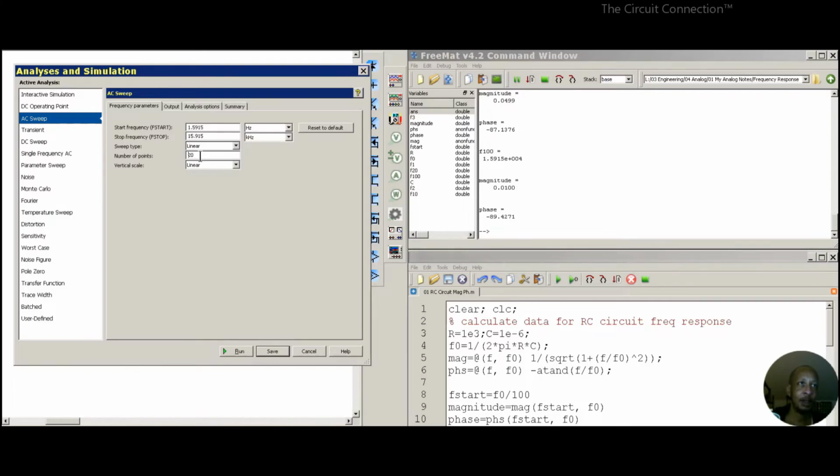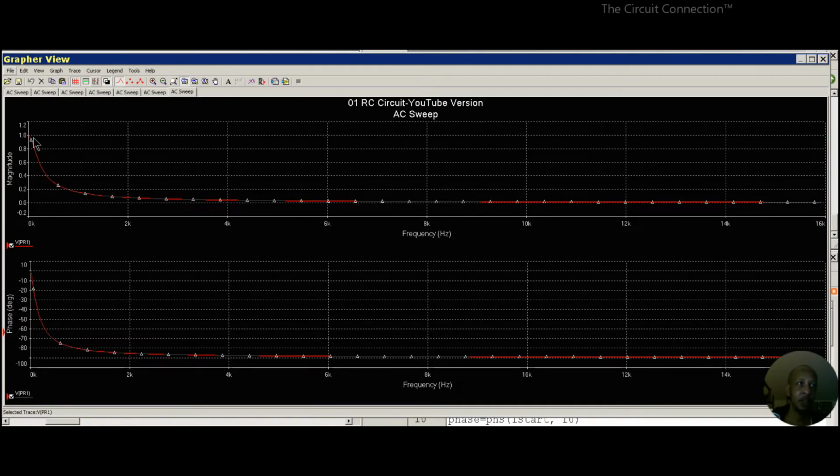I think at a bare minimum it should be 200 or more, somewhere between 200 to 1,000. I think 1,000 would probably start overworking your computer. It just depends on your processor. But I think 200 is sufficient. Let's see. Yeah, see how it smooths out a little bit more.